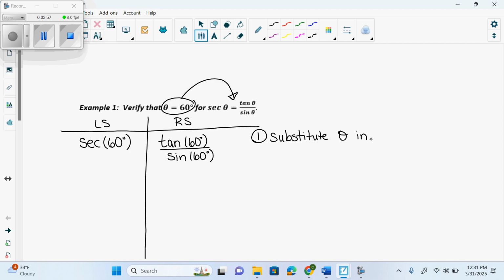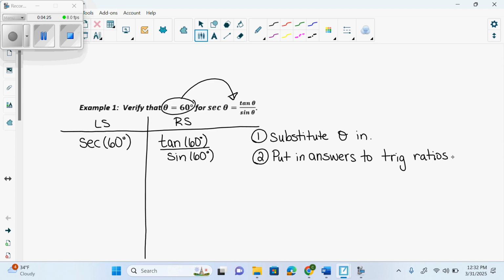Second step is to put in answers to trig ratios. It's not to go to our formula sheet, it's to put in answers for trig ratios. So off to the side, I'm going to find out the answer to all of those trig ratios so I can put answers in.